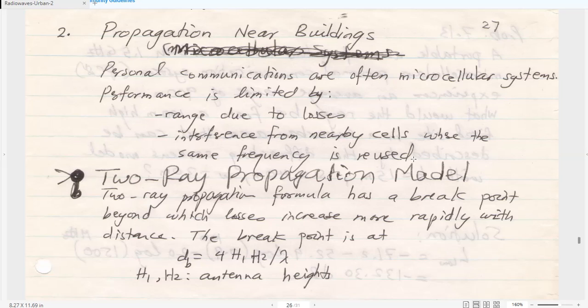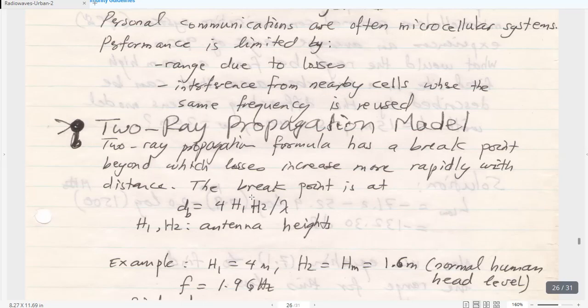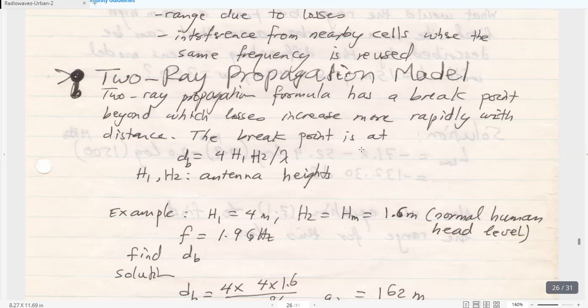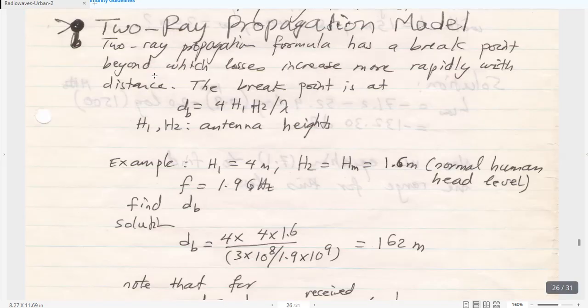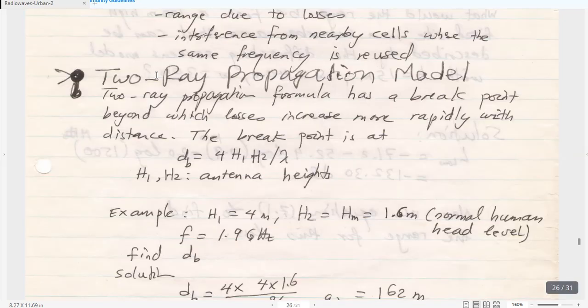Now propagation near buildings. Okay, this model is a two-ray propagation model. There is a breakpoint where the slope has a certain value before this breakpoint and another value after this point, usually 20 dB before and 40 dB after.